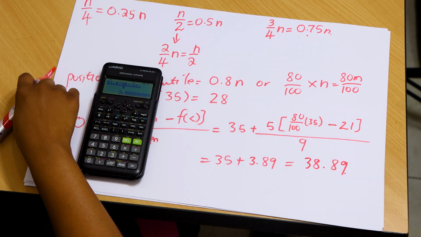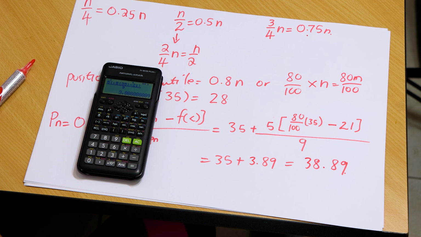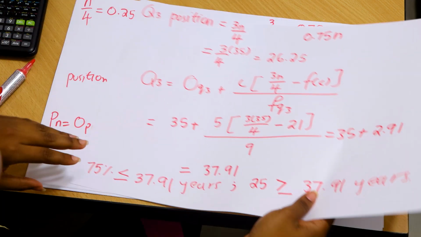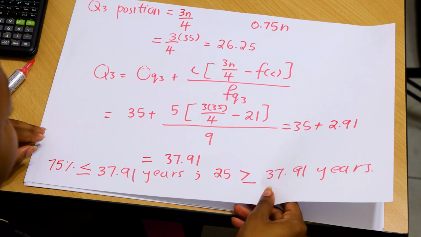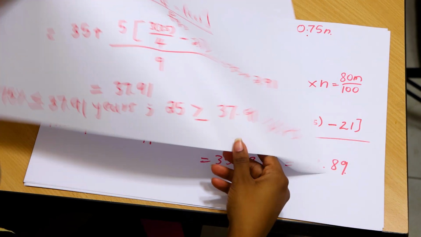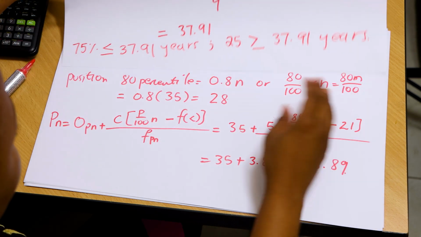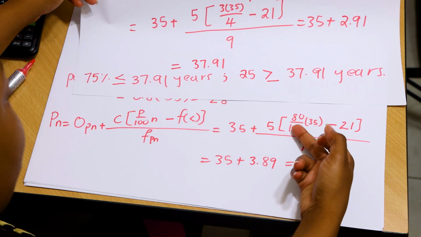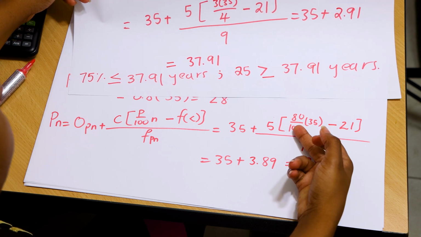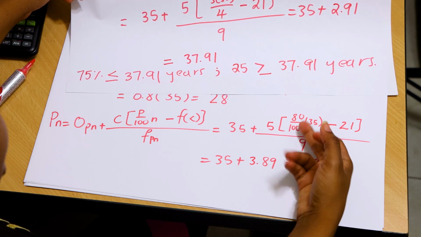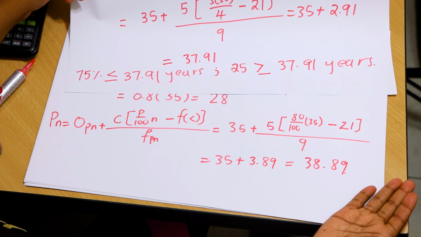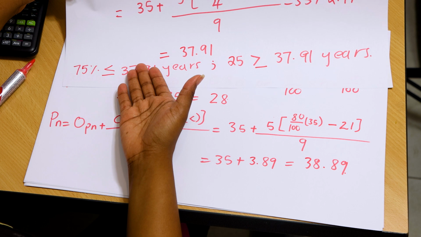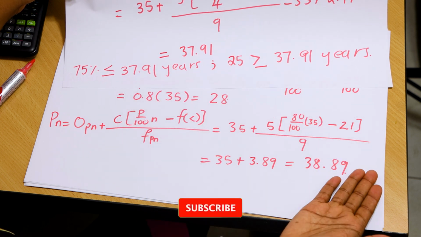As you can see, this is almost similar to the Q3 calculation. The only thing that differs is that in that one we used 3 over 4, and in this one we used 80 over 100, which is why the answers are different. And because this is the 80th percentile, of course it has to be higher than the 75th percentile.